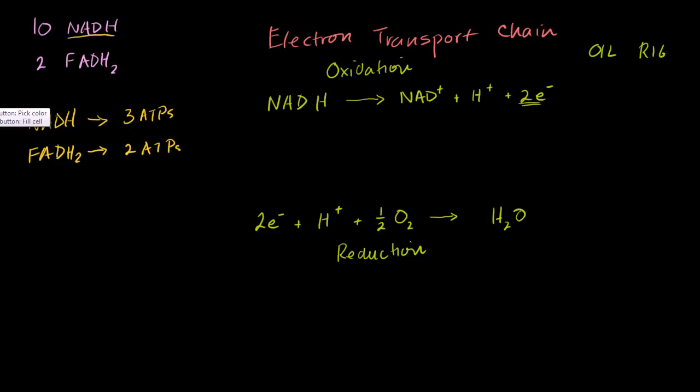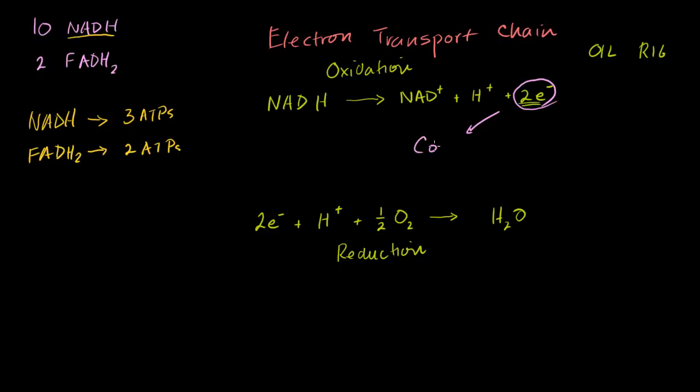Now, these electrons that are popping out of this NADH, when they're in NADH, they're at a very high energy state. And what happens over the course of the electron transport chain is that these electrons get transported to a series of, I guess you could call them, transition molecules. But as the electrons go from one to the other, they go into slightly lower energy states. And I won't even go into the details of these molecules.